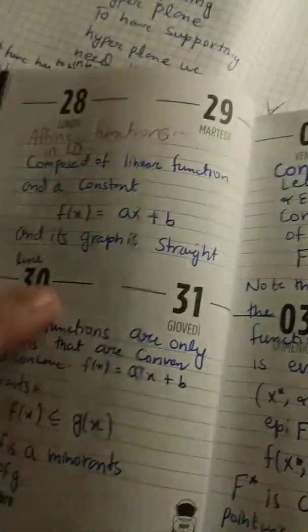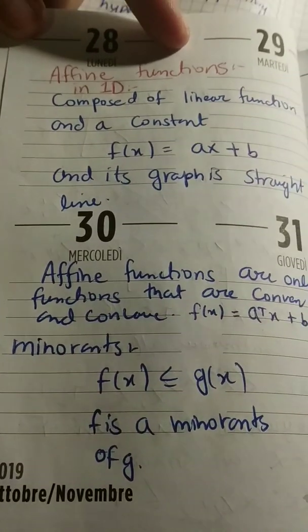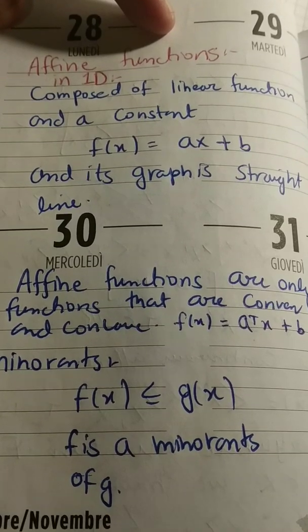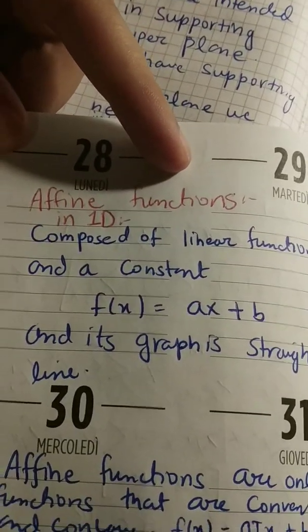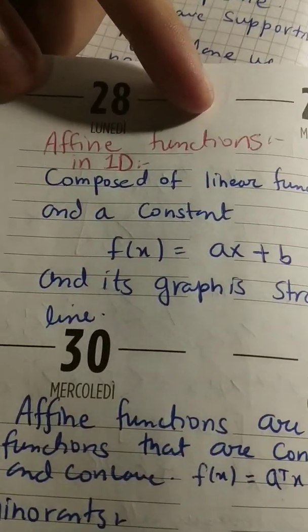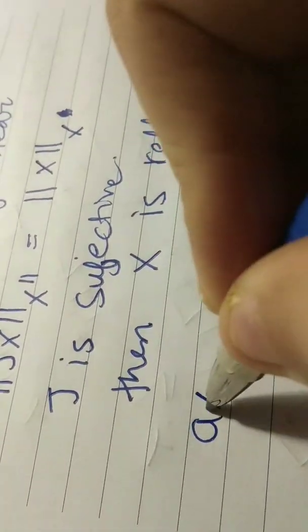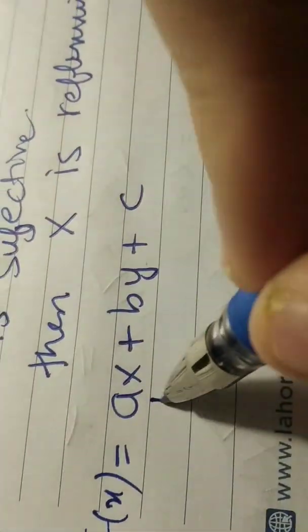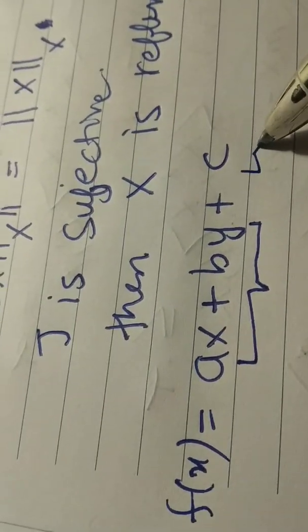Now we will study what is an affine function, because we use it many times. A function which is composed of a linear function and a constant is called an affine function. This is the affine function in 1D. It is composed of the linear function plus a constant, and its graph is a straight line. We also have the affine function in 2D like this: ax plus by plus c, where this is the linear function and this is some constant.